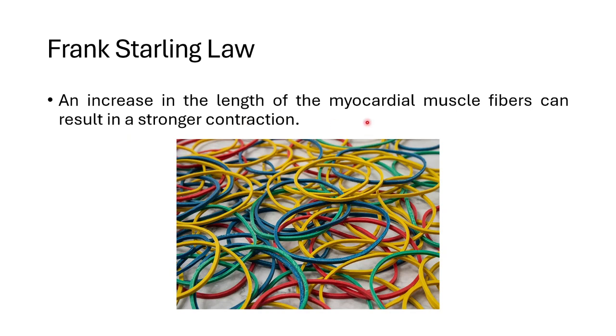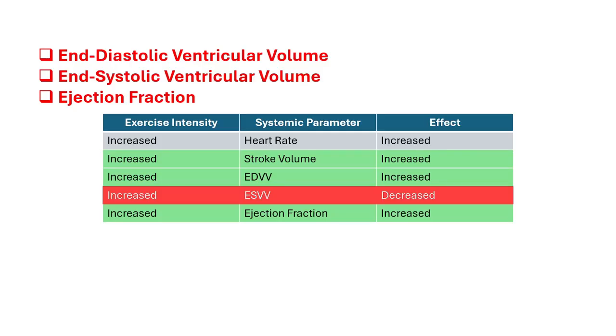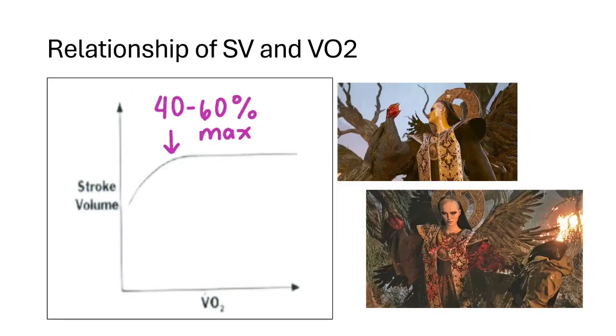Okay, we've discussed oxygen consumption, heart rate, cardiac output, stroke volume. Oh wait, not cardiac output yet. That would be later. Sorry, that's a spoiler for later. We've discussed stroke volume, oxygen consumption, and heart rate. Now I want to go back to stroke volume again because we love stroke volume, right?